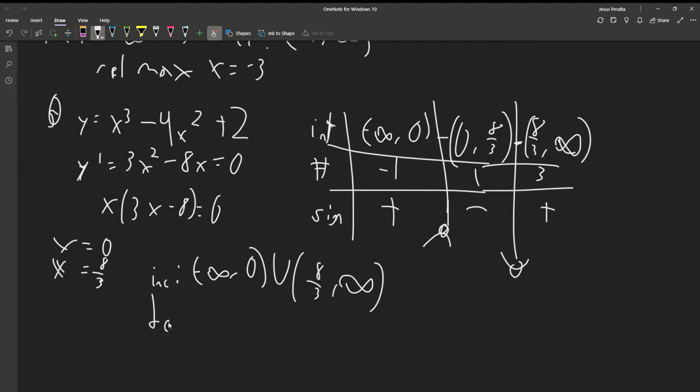Then we have decreasing from 0 to 8 over 3. And we have our relative max at x equals 0, and our relative min at x equals 8 over 3. That is for number 5.